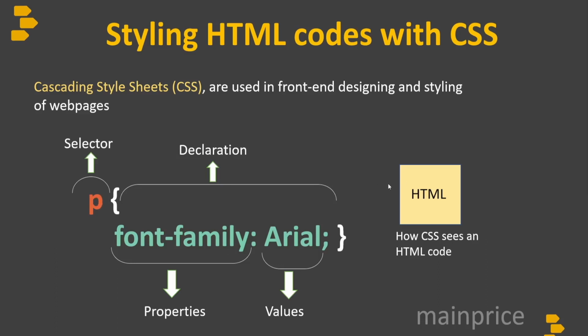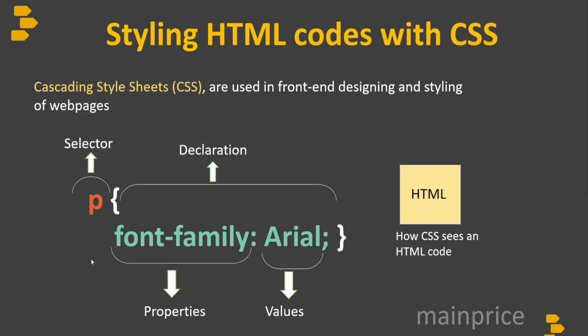And the declaration, the name goes by itself. We declare how we want the element to look. I declare I want this HTML code to look like this. The declaration has two parts: the property and the value. The property is the name of what you want to declare on the HTML code.